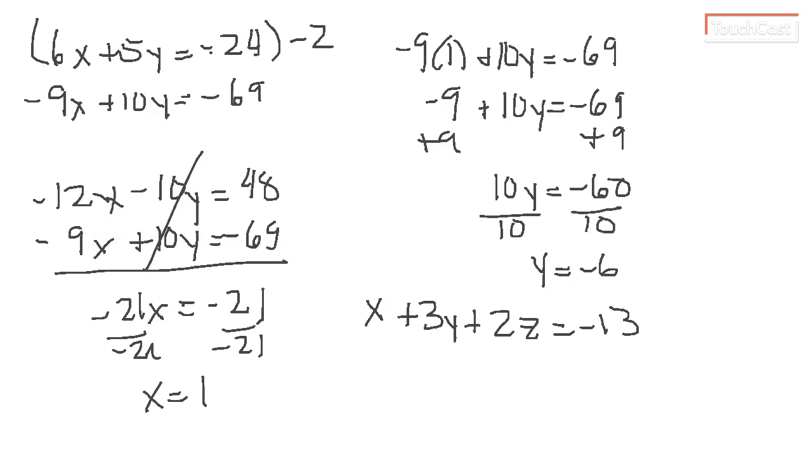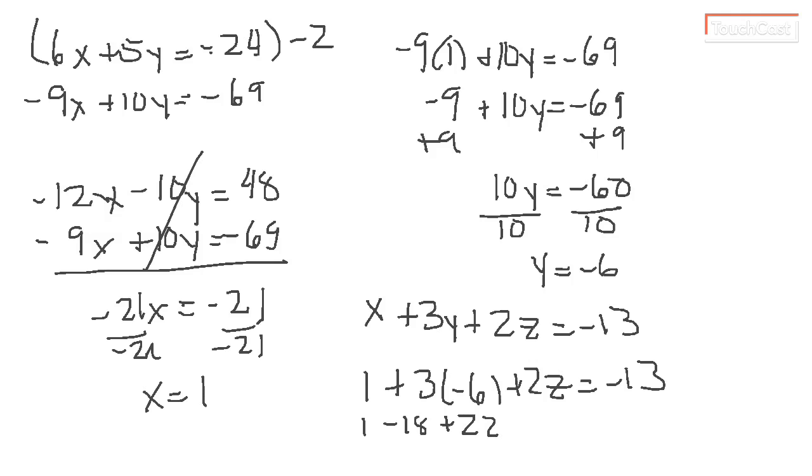So we're going to replace x with 1, and we're going to replace y with negative 6, and then we're going to solve this for z. Well, 3 times negative 6, that's negative 18. So we're going to have 1 minus 18 plus 2 times z equals negative 13. 1 minus 18 is going to give me negative 17 plus 2z equals negative 13.